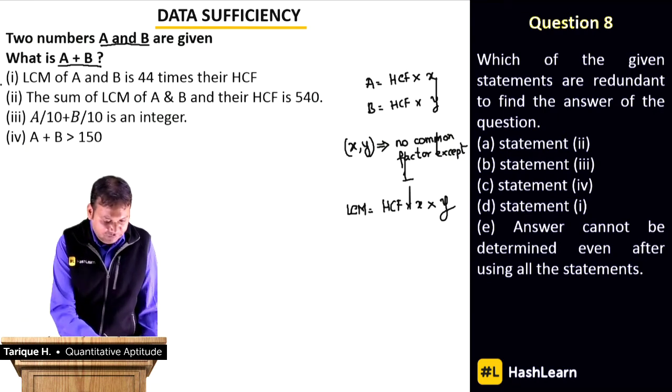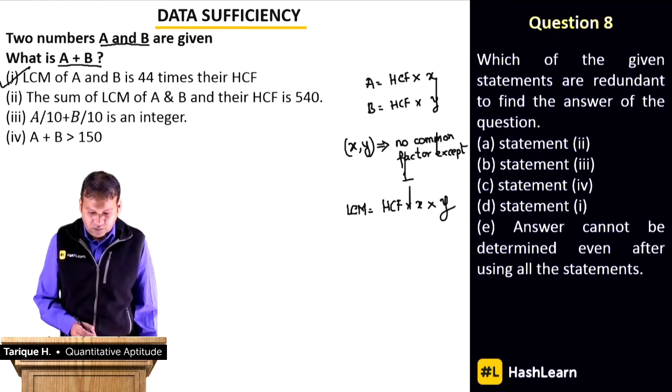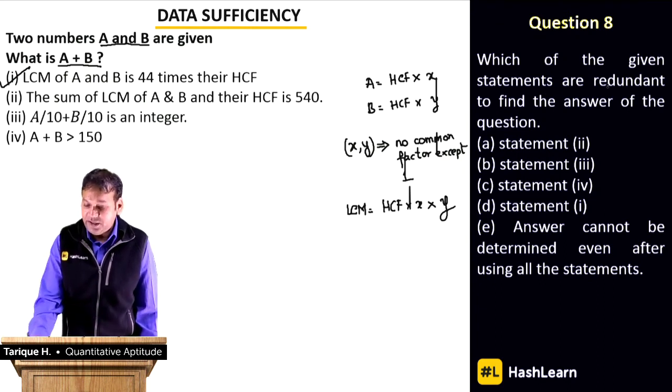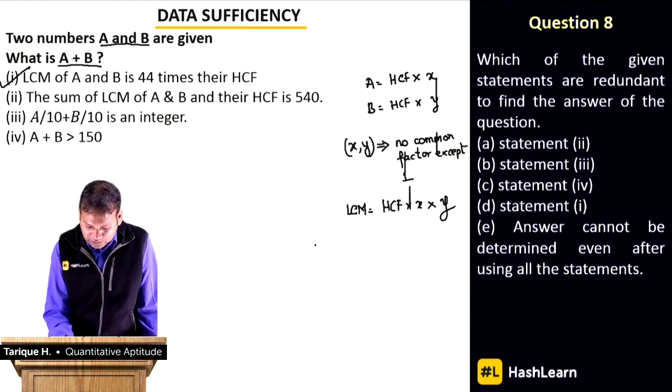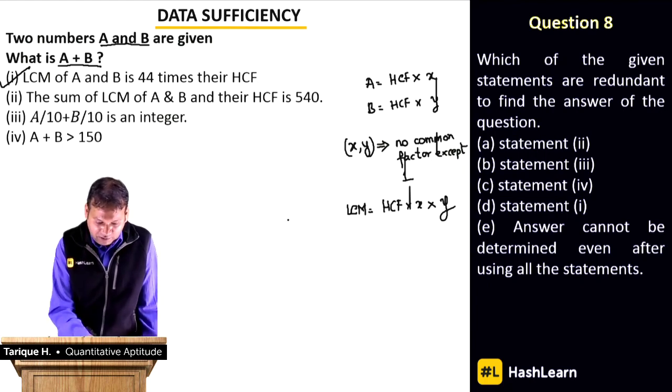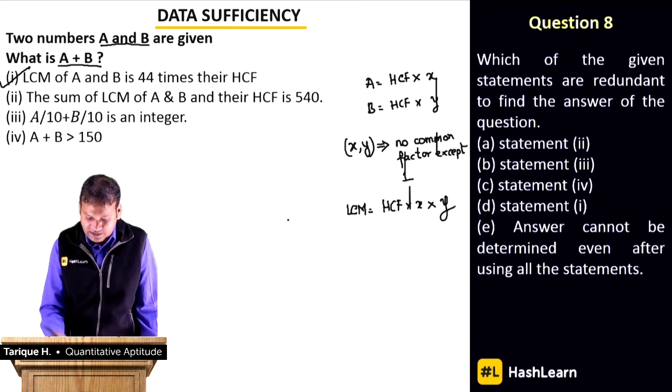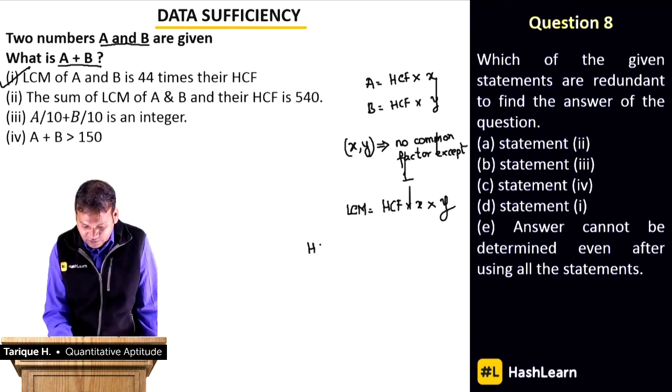So if I take the first statement here, this is a sufficiency question actually: which of the following statements are redundant? You have to find out which statement is not required. The LCM of the numbers is 44 times their HCF. So HCF into X into Y is equal to 44 times the HCF.